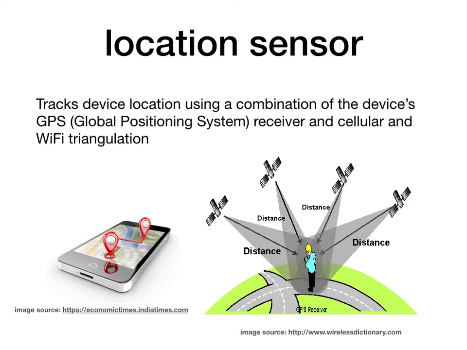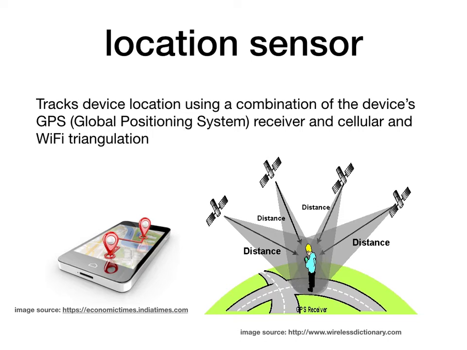So the location sensor tracks the device location using a combination of the device's global positioning system receiver and cellular and Wi-Fi triangulation. The GPS system is a system of satellites that covers virtually the entire Earth, and your sensor can get readings from those satellites.